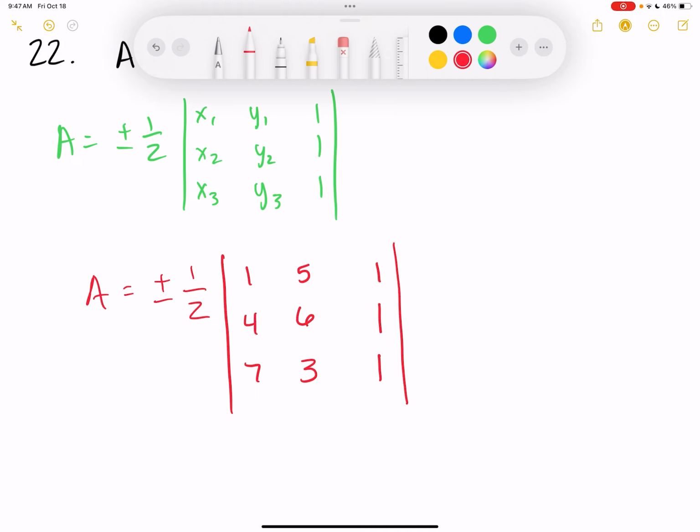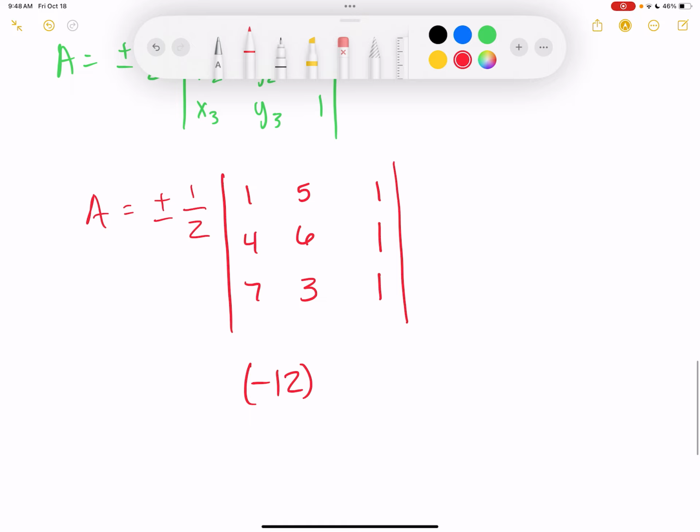Did you get it? -12. So if this is a -12, which option do I need here? Negative. Yep. So negative 0.5, negative 1/2, whatever. So what is that going to be? 6.